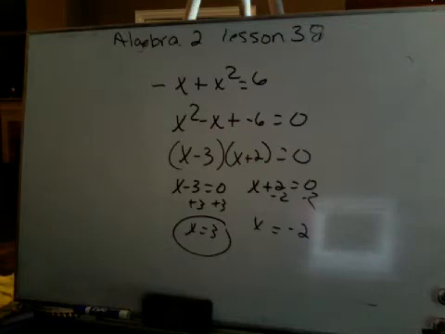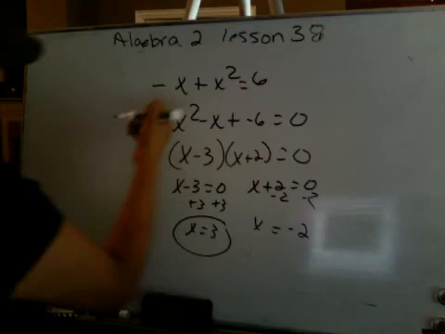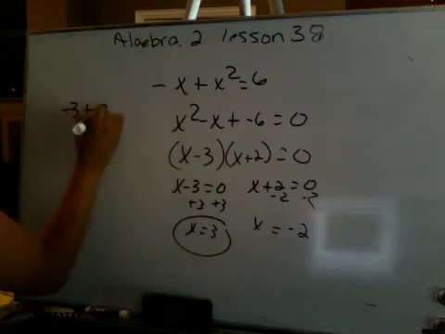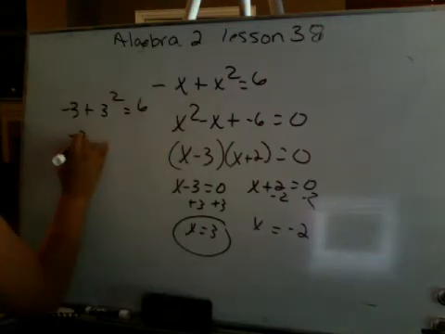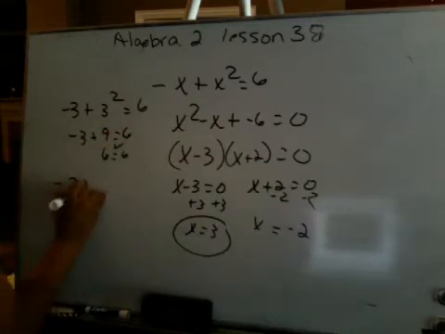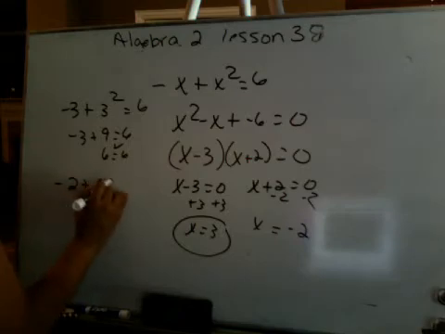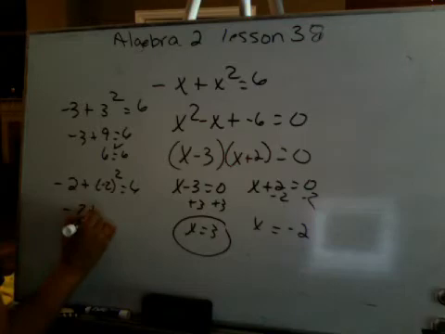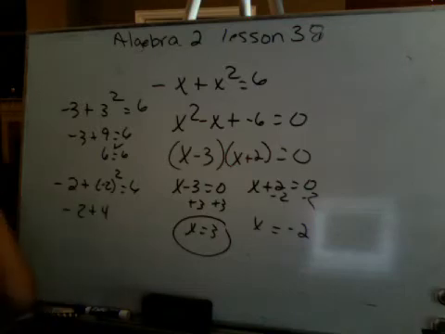So I put them back into my original equation. So I'm going to do here, 3 plus 3 squared equals 6. 3 plus 9 equals 6, and 6 equals 6. That checks out. Let me try negative 2. Negative 2 plus negative 2 squared equals 6. So that's negative 2 plus 4. Did I do that right?